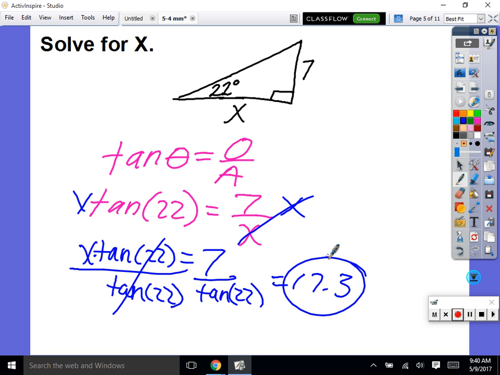Because so many people don't understand, I'm going to change this problem and you're going to do another one. If I say solve for x, ready, set, go.